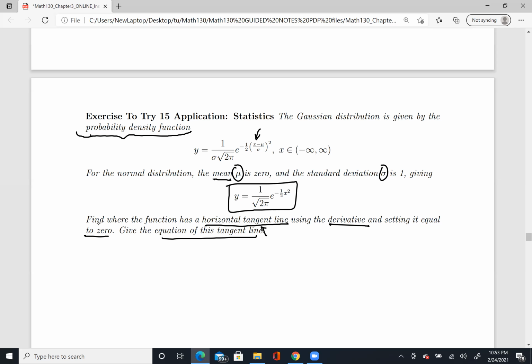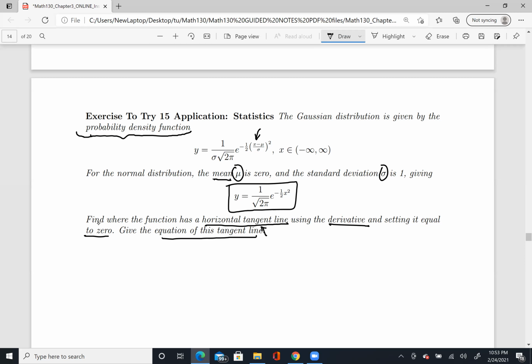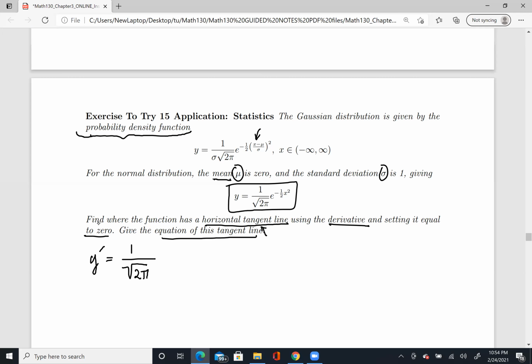So, firstly, you need to take the derivative first. So y derivative will be equal to 1 over square root of 2 pi times e to the negative 1/2 x squared.